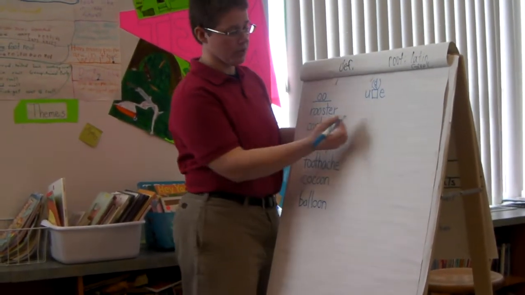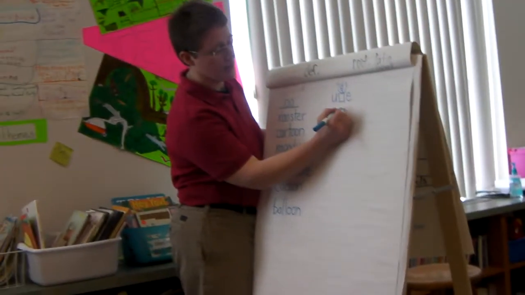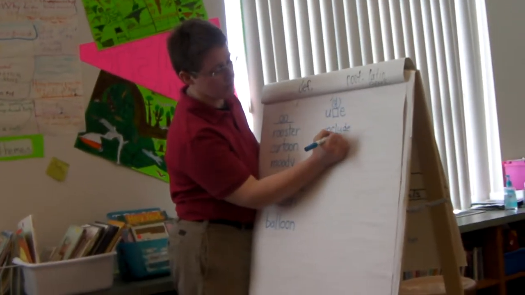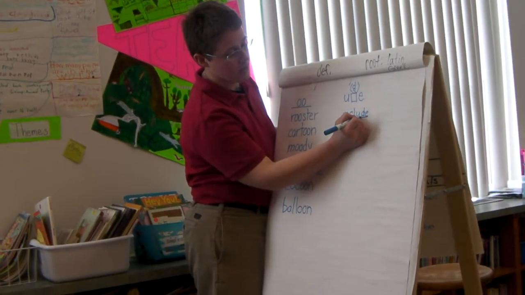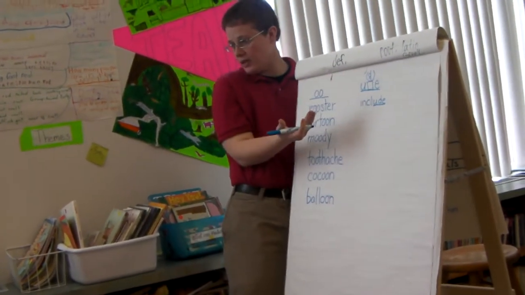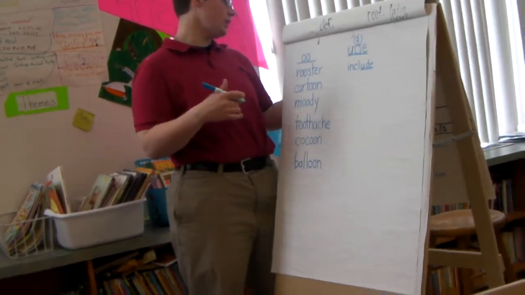So, for example, the word include. Look, C-L, U-D-E. See this right here? I just put a square for the letter that would go in there. But include, to include something.